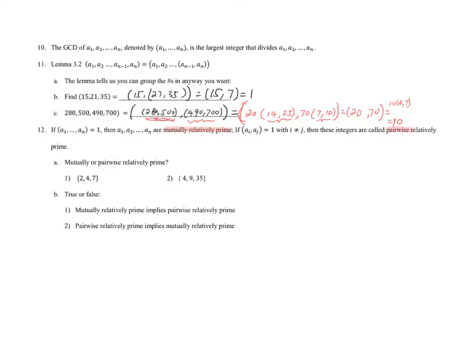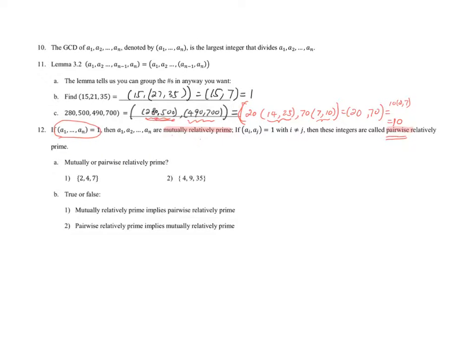When we say mutually relatively prime, that means the greatest common divisor of these n integers, a1 to an, is 1. The pairwise relatively prime means that if you pick any arbitrary pair, they're relatively prime.